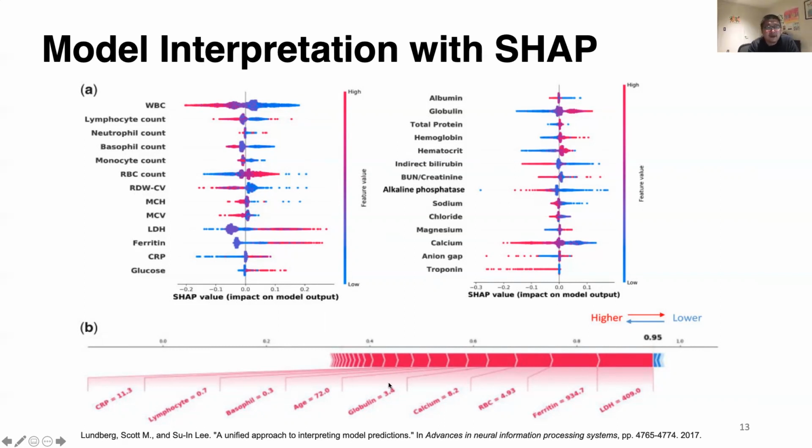Figure B shows an individual whose RT-PCR result is negative, but our model predicts a 95% probability, 0.95, that this patient is going to be positive, and the interpretation lists all the factors that contribute to such a high positivity likelihood prediction.